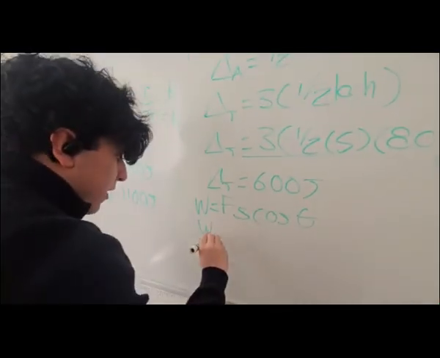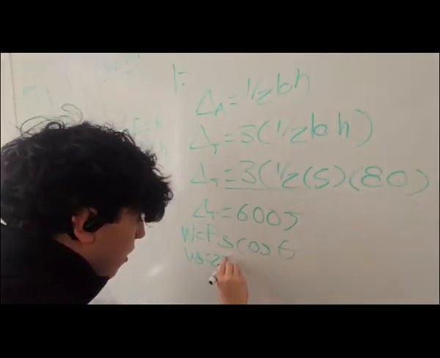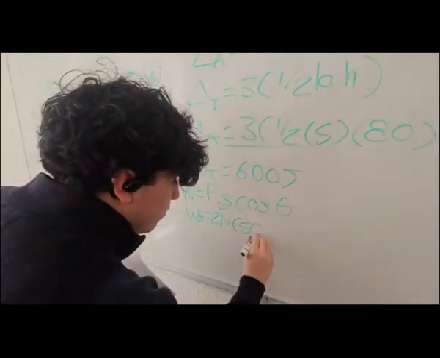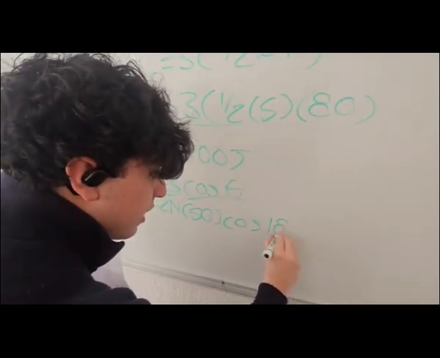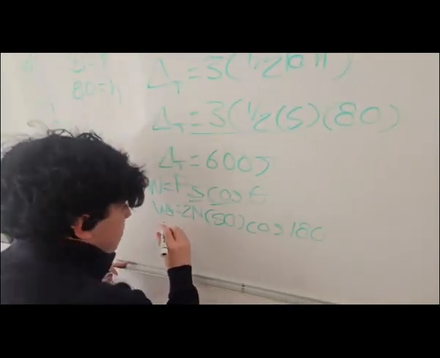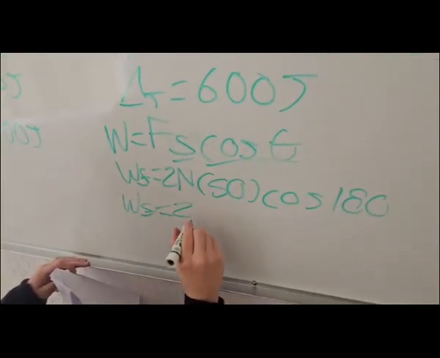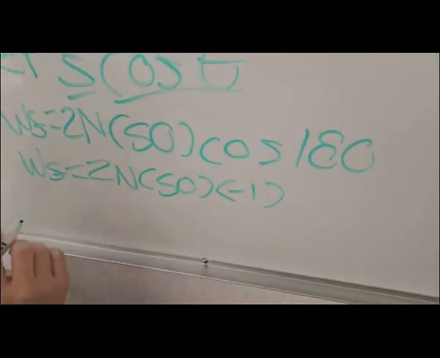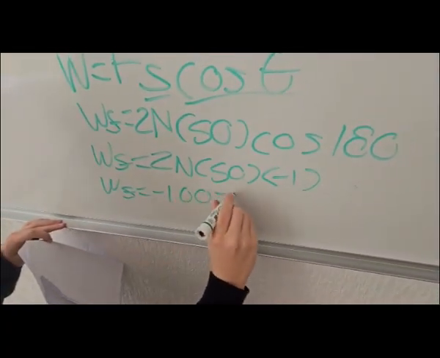The work done by friction is equal to the friction, that is 2 N, times the displacement, that is 50, and it's opposing movement, so this is going to be cosine of 180. So we have that the work done by friction is equal to 2 N times 50 times minus 1, and this is going to be equal to minus 100 joules.